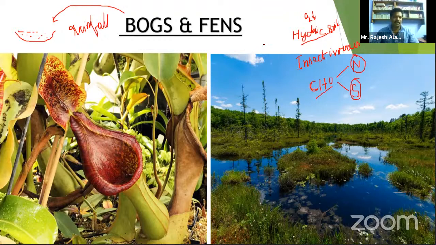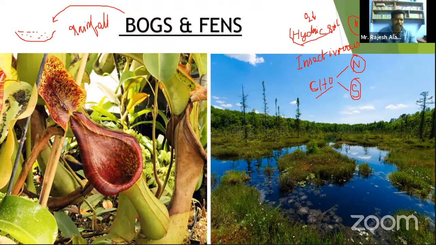So here, hydric soils are stagnant water, deficient of oxygen, so they are less in nitrogen content. To overcome this nitrogen deficiency, the insectivorous plants, imagine, sir, they are photosynthetic, but they are behaving like animals. An animal only will kill and eat something.